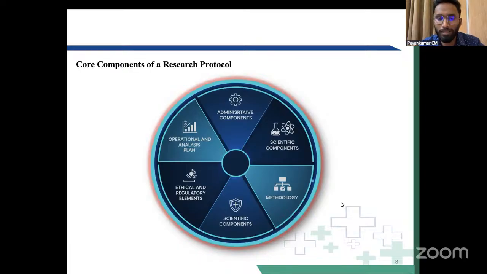Coming to the methodology, it explains how the study will be conducted. The protocol is the backbone of clinical research, and the methodology is the backbone of the protocol. And the ethical and regulatory elements ensure participant protection and legal compliance.